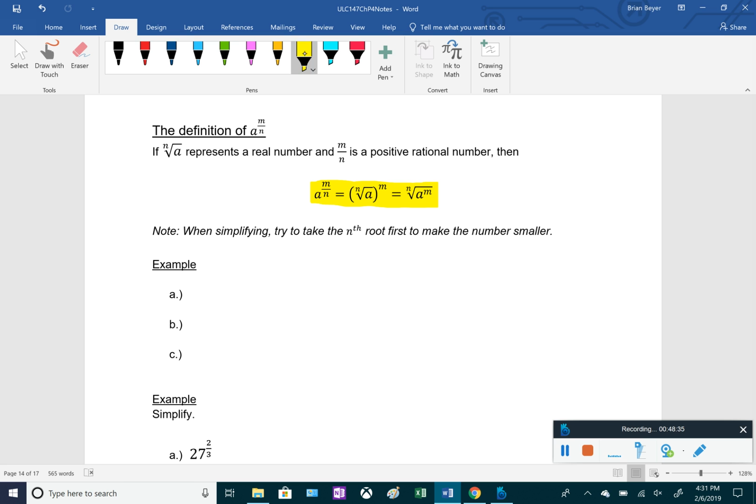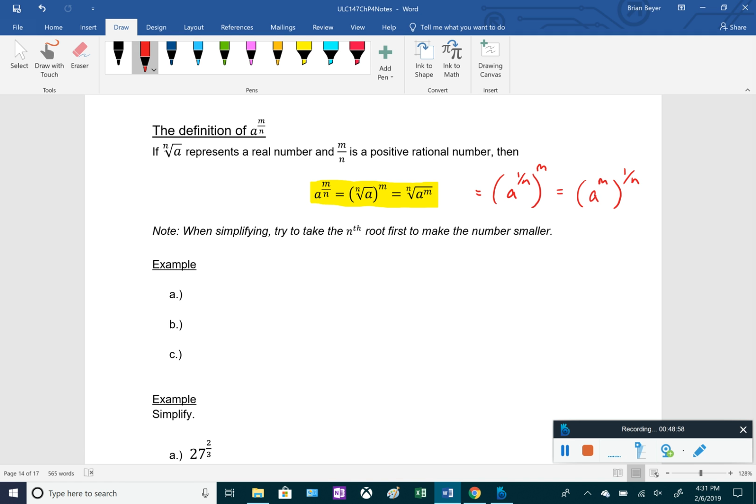Another thing I'll mention, which I'll probably use in a little bit, is this is the same thing as a to the 1 over n and then to the m, which is also equal to a to the m to the 1 over n. We can see that that's a power to a power, right? We would multiply them.